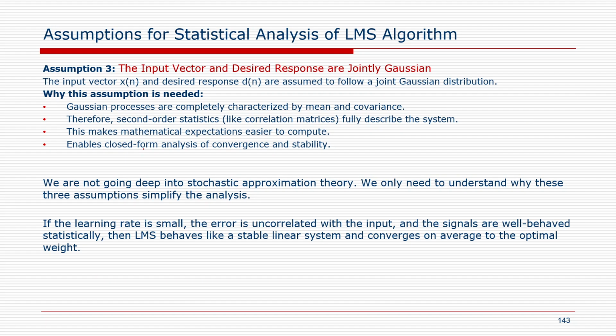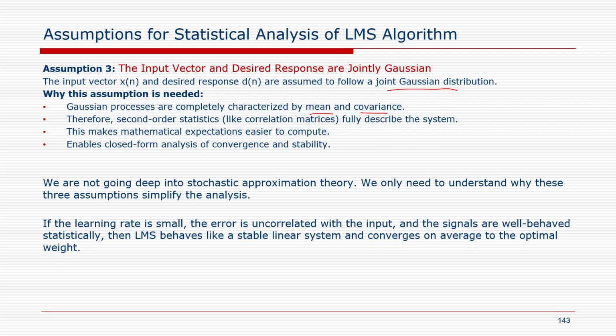Now, the third assumption is that the input vector and the desired response are jointly Gaussian. That is, input vector x of n and desired response are assumed to follow the Gaussian distribution. Why is this assumption needed? Gaussian processes are completely characterized by the mean and the covariance.